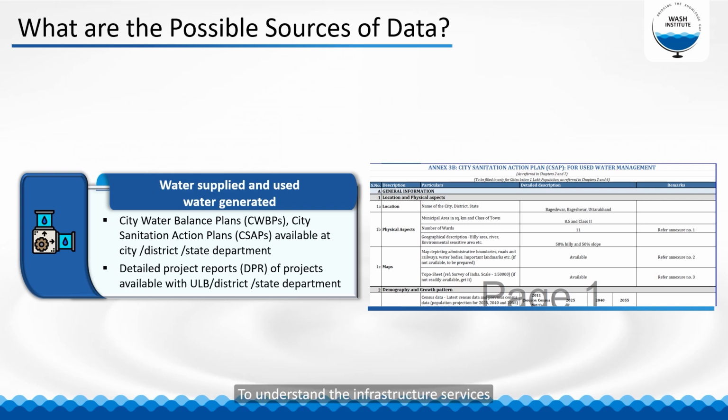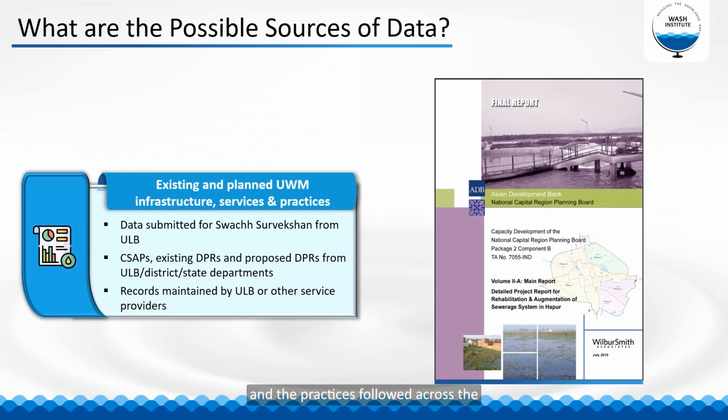To understand the infrastructure services and the practices followed across the sanitation chain, one can look at various reports developed by urban local bodies for Swachh Bharat Mission, Swachh Sarvekshan, service level benchmarks, detailed project reports developed for any stage of sanitation chain. Reports prepared by service providers like operators of treatment plants will also be useful to go through.